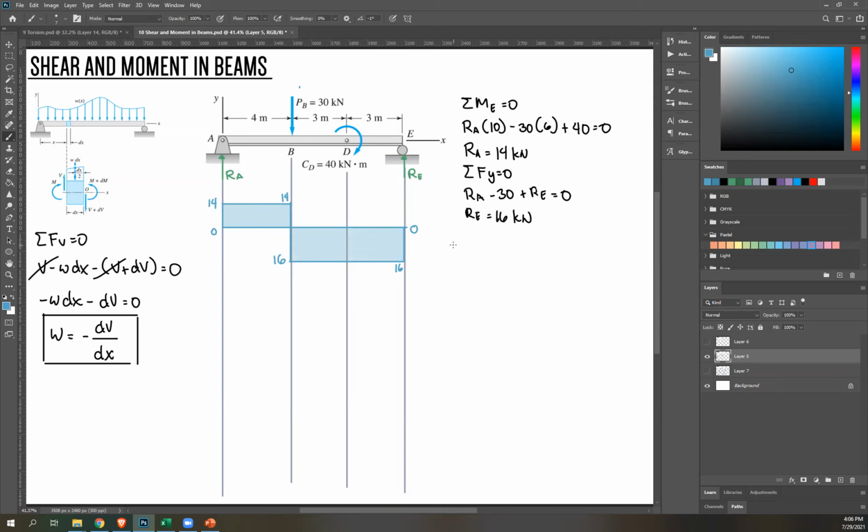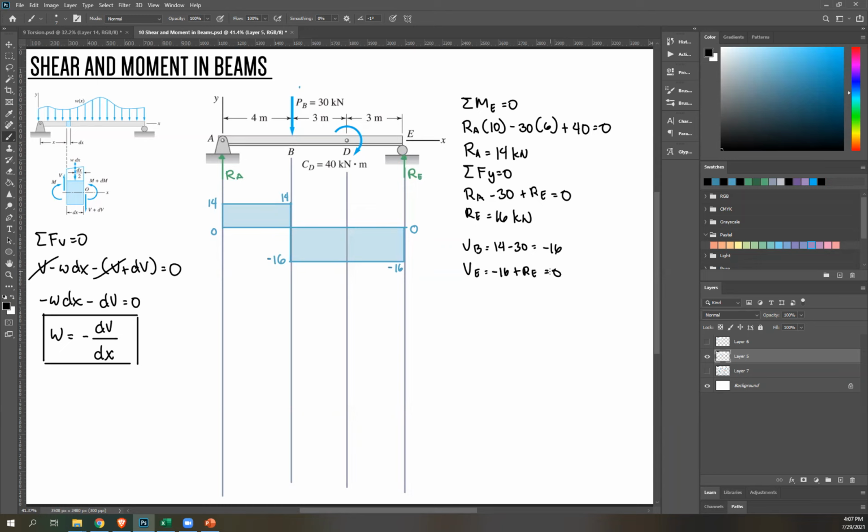Next, let's continue on the moment diagram. So actually, let me write that as well. So VB is 14 minus 30. So that's negative 16. Negative 16, negative 16. VE, negative 16 plus RE. So that's 0.